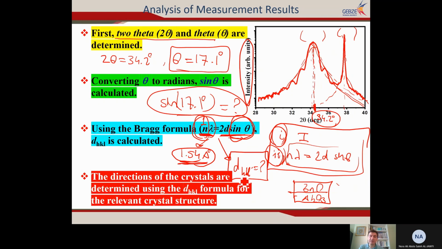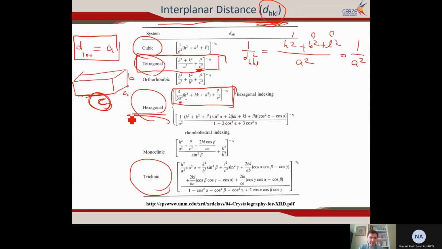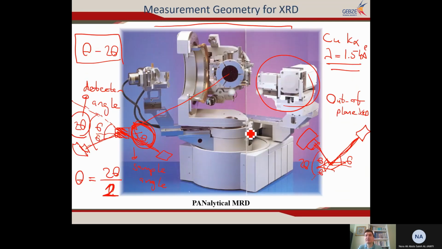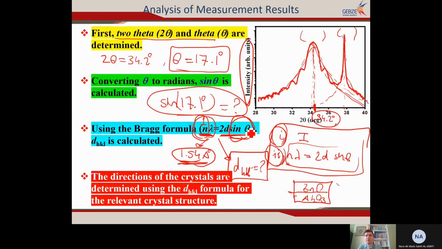Then by using the formula for the interplanar distance for hexagonal structures, you can calculate a and c. Then you can find the Miller indices. For example, this peak belongs to the 001 surface of zinc oxide.